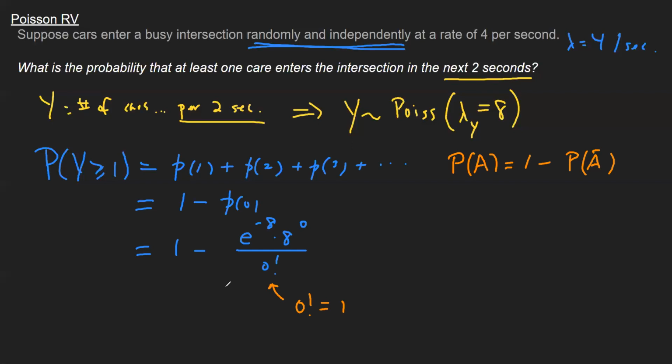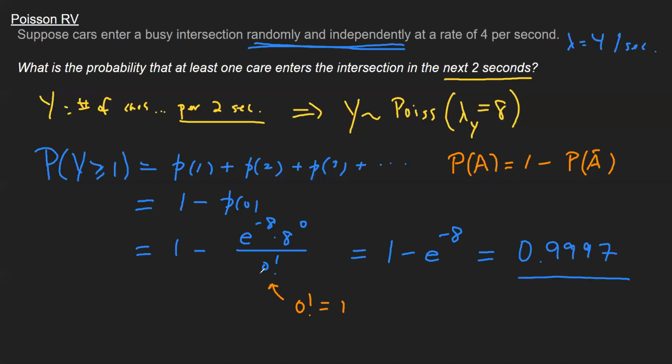So it's okay to see that. I'll plug all these in my calculator. If I simplify, if you want to look at the algebra, this is just 1 minus e to the negative 8, since anything to the 0 power is 1, and we define 0 factorial as 1. Then 1 minus e to the negative 8 is a very high probability.